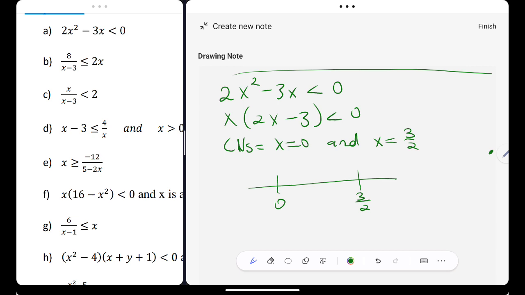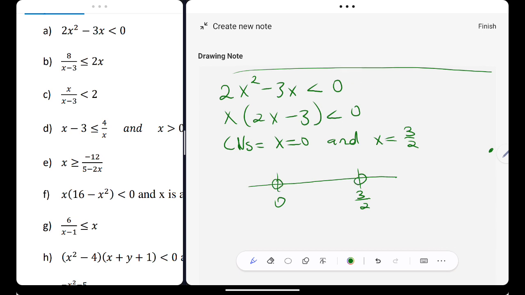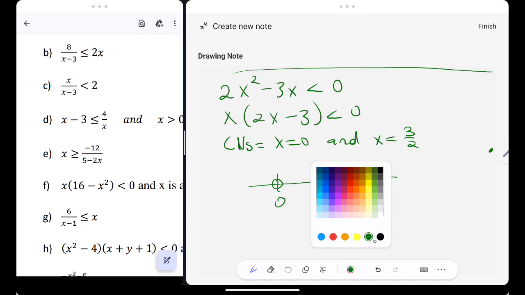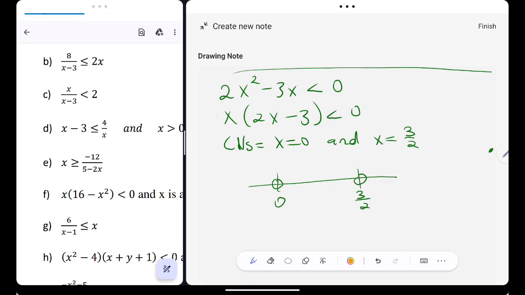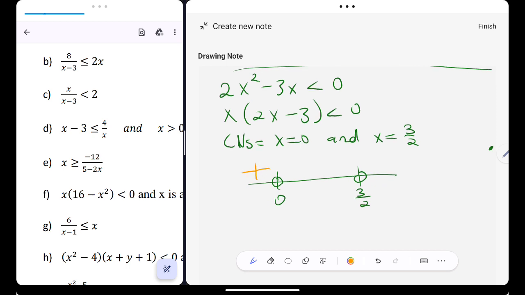Are they included or not? No, they are not included. The number in front of x here, let me indicate in orange, is a +1, and here is a +2. They both have the same signs, so I will just write a plus here. After finding the first sign, it's easy for me to continue because the signs will just keep on alternating.